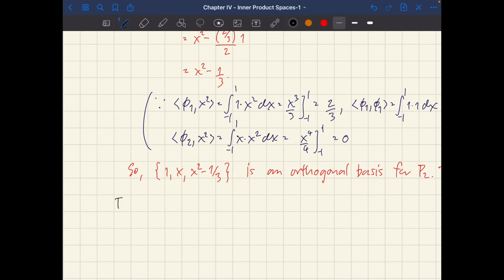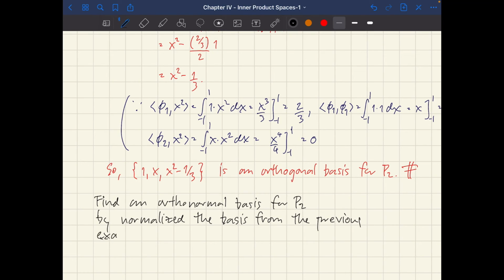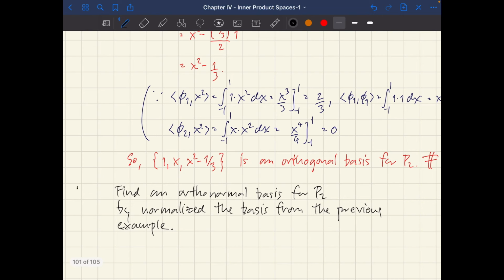My task for you is to find an orthonormal basis for P2 by normalizing the basis from the previous example. Okay, please do this question.